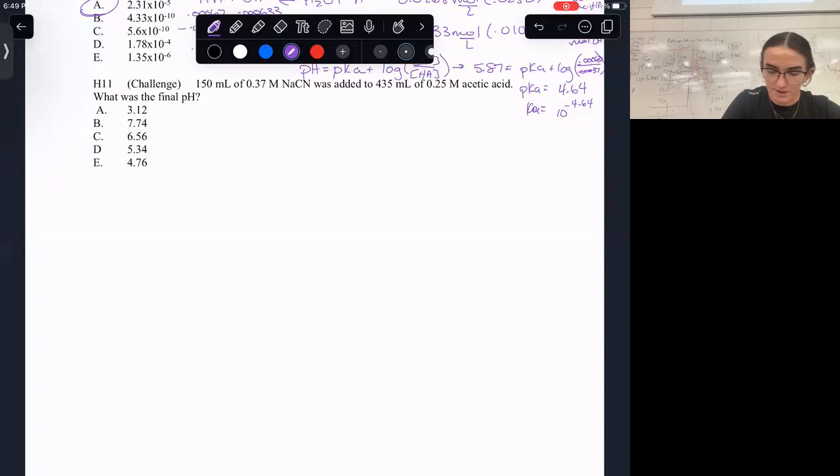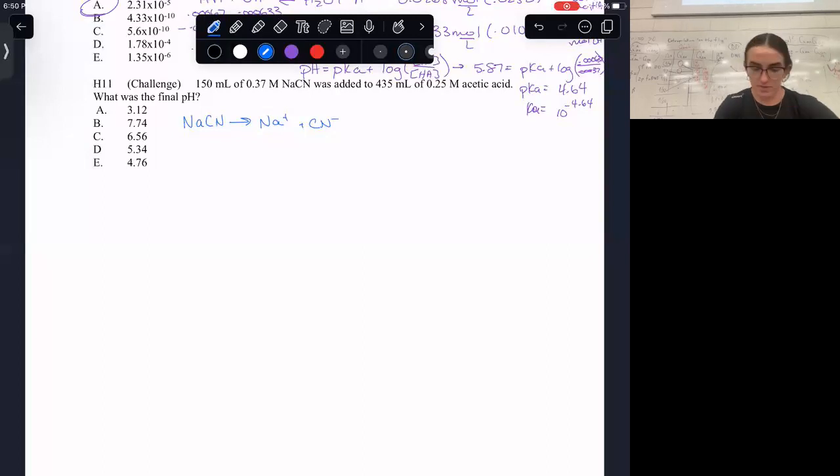First we are given sodium cyanide, NaCN. What will this do? This will completely dissociate. Sodium's in group 1, so we know that this will completely dissociate.